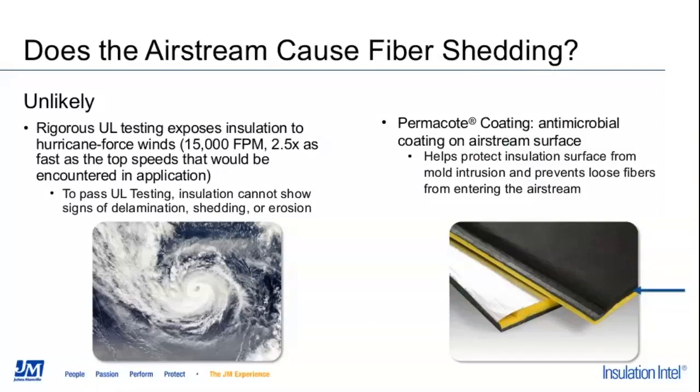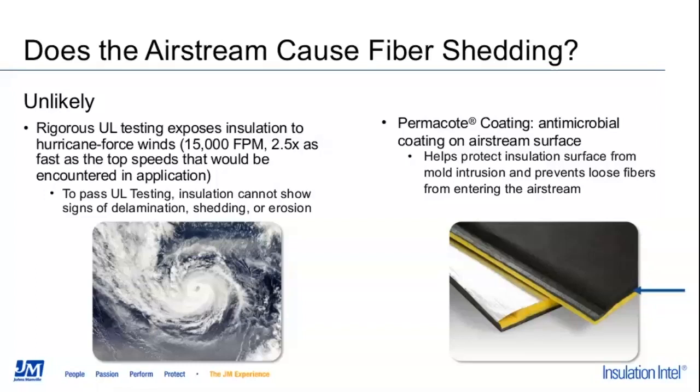The UL test requires you to test at 2.5 times the top speed that would be encountered in an application. Our insulations are rated to about 6,000 feet per minute, but to pass UL testing, we have to test at 15,000 feet per minute, which is far greater than what you would encounter in a commercial HVAC system.